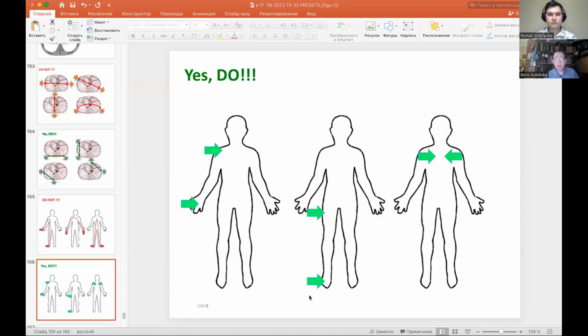Okay. Please look here. You put two garments here and put a garment here. You put a garment here and here. That's it.